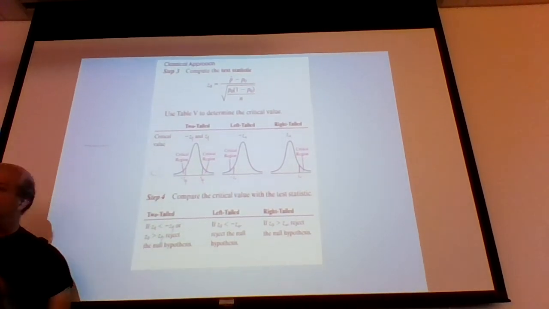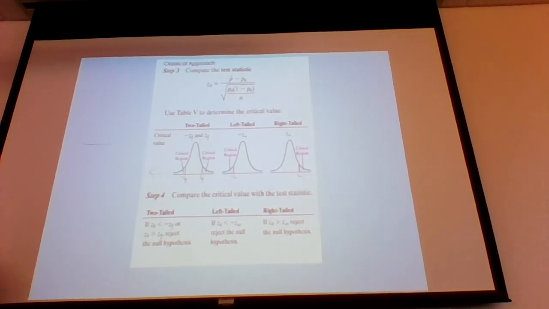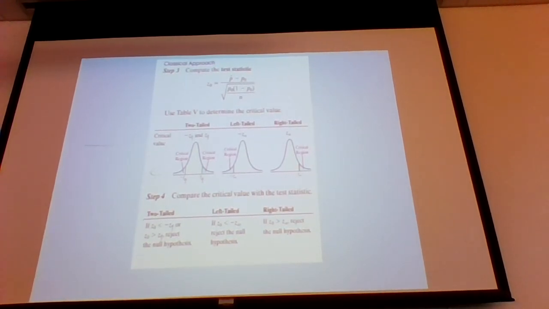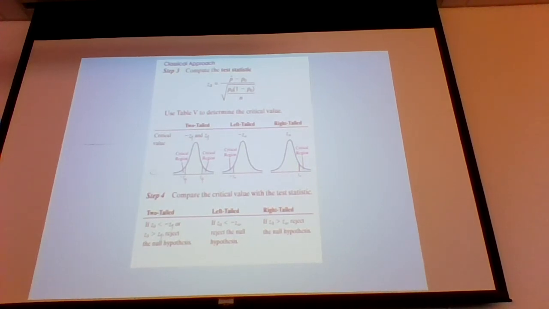If it's in the blue region, we reject. Likewise for the second one, if it's in the blue region, we reject. And likewise for the third one. Otherwise, we do not reject the null hypothesis.